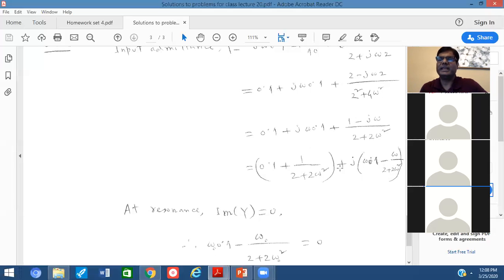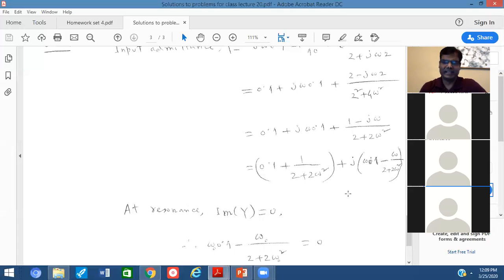And then the rest of the terms with the j. This means from the middle term, j omega 0.1, taking j as the common factor, so omega 0.1, and then minus omega over 2 plus 2 omega squared. Could you understand the last expression, what I did? I just separated out real and reactive.